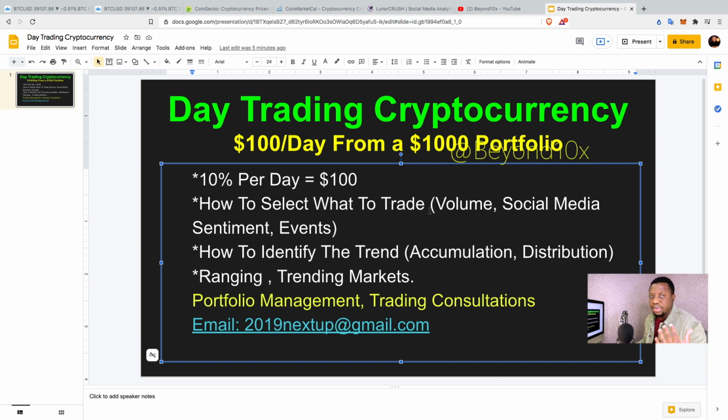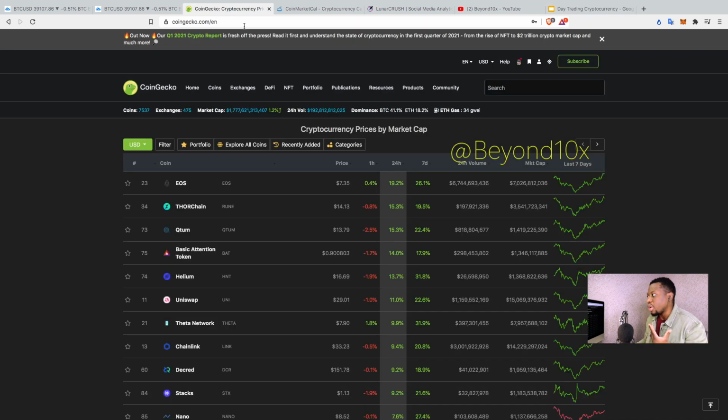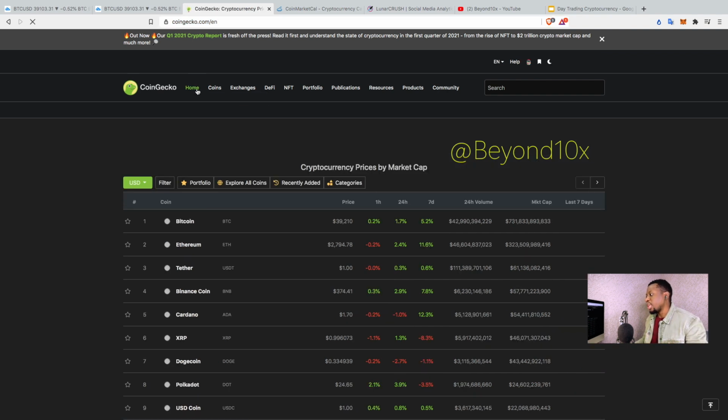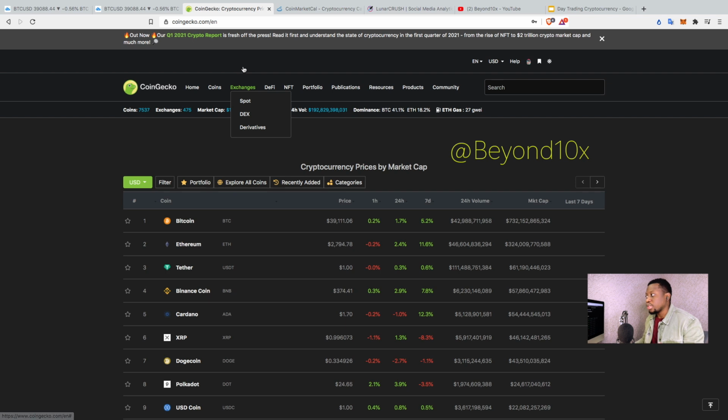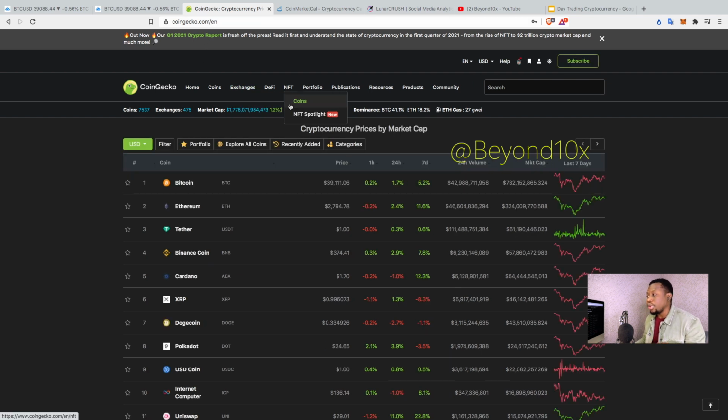Okay, so when it comes to how to select the cryptocurrencies to trade, you have to look at the volume. Because when something is about to blow up in cryptocurrencies, volume gives you an indication of what the price might be able to achieve in the near future. If you look at sites like CoinGecko, and other sites where you can see the different cryptocurrencies that have been listed, coingecko.com is a very good place to start.